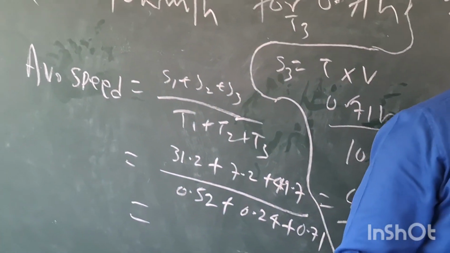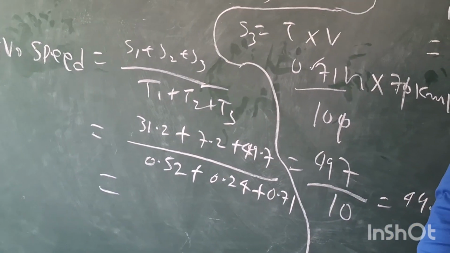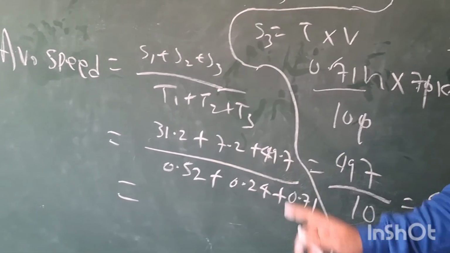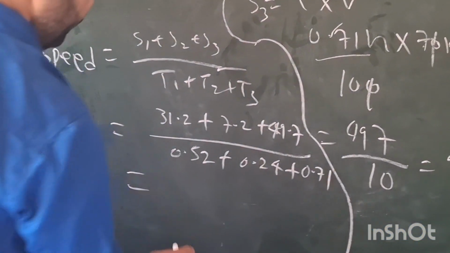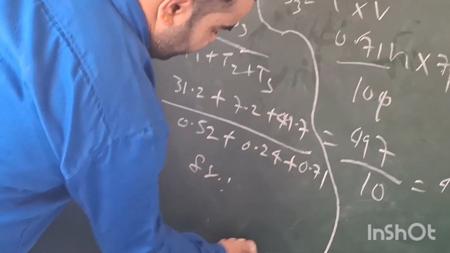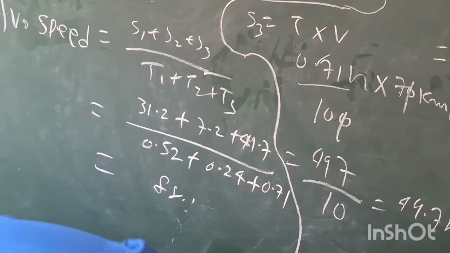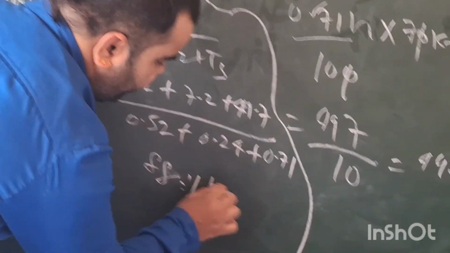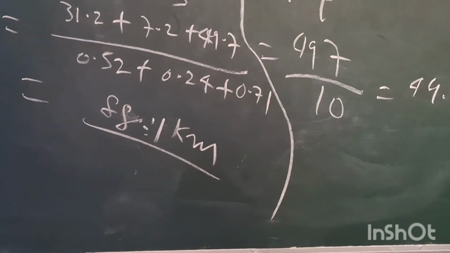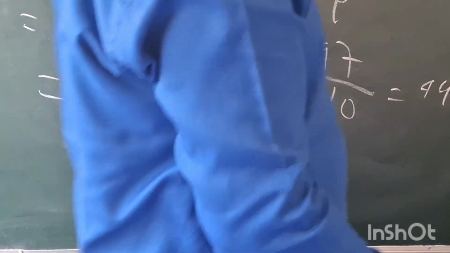I'll give you a few seconds to add. When you add up all this, you will get 88.1. You will get 88.1 kilometers, and the sum of the time, what will come?